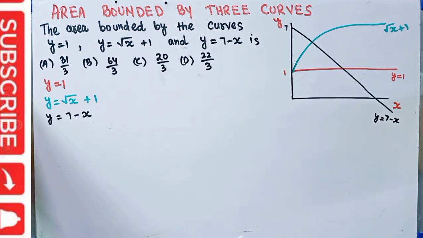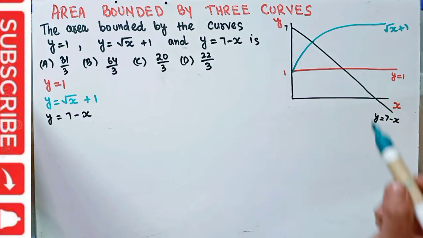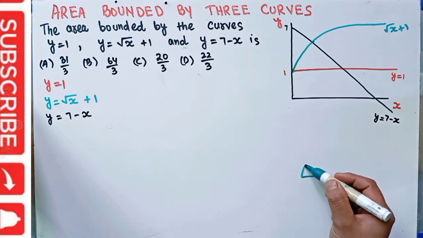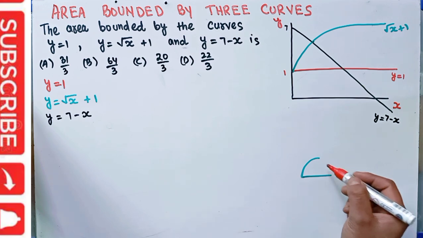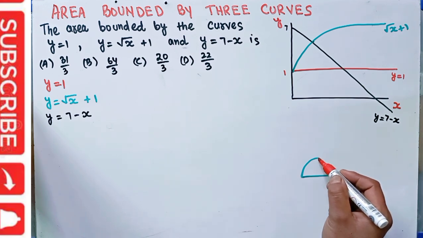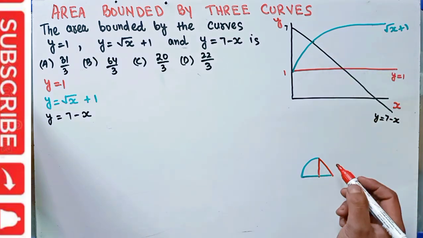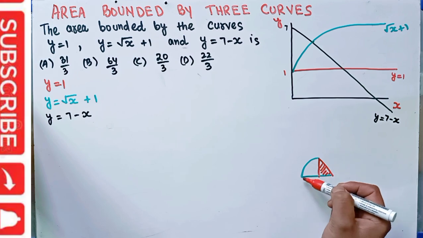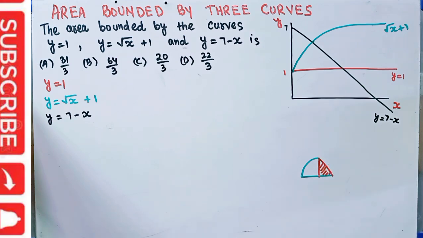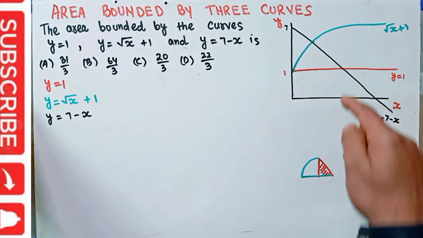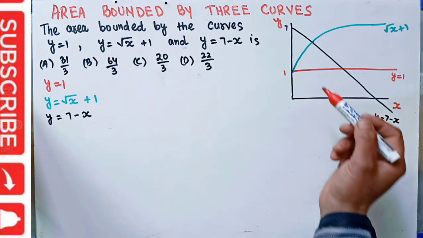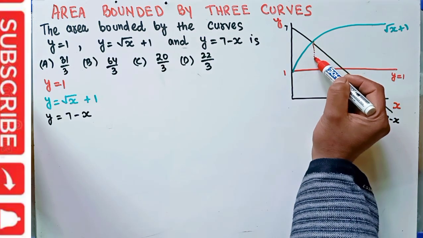First thing is, we should know this point here, because we have a triangular-looking shape and then a curved shape here, so we cannot say that this is a triangle. To find the area, first we should know this point.